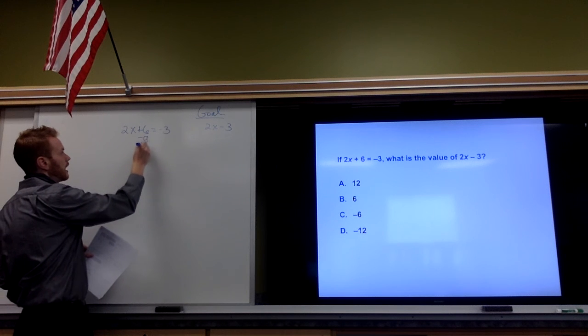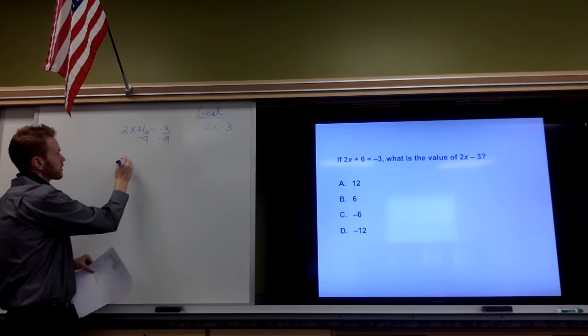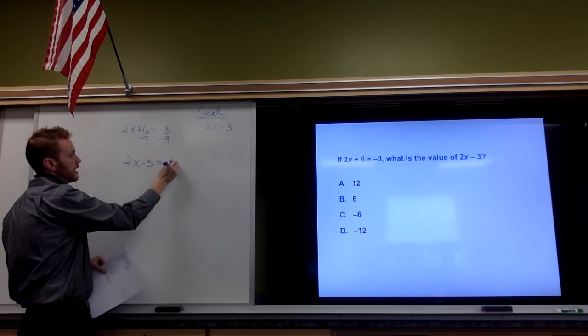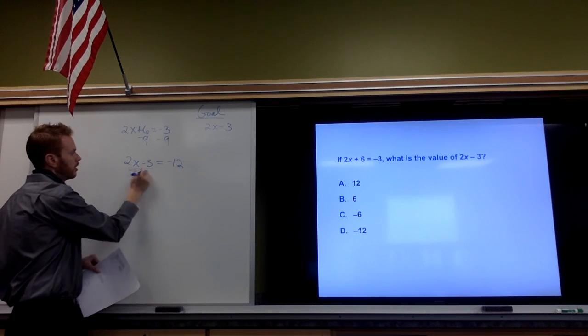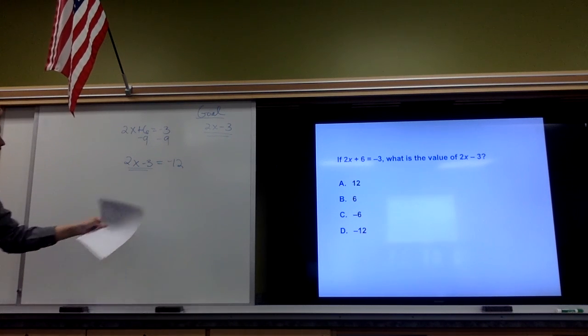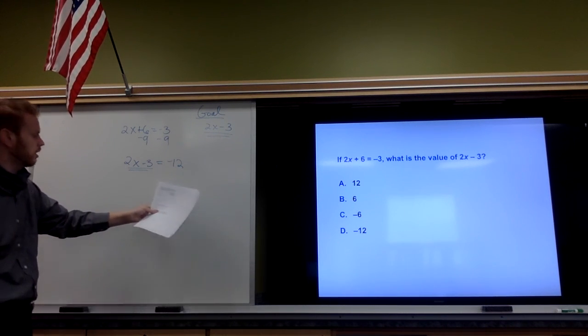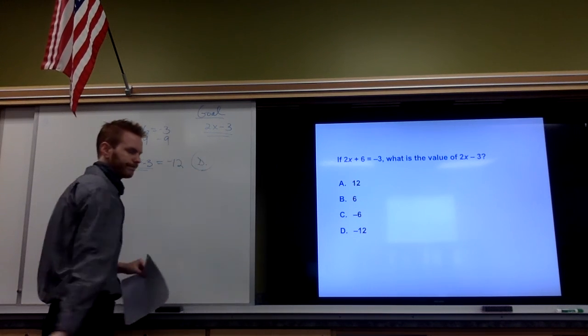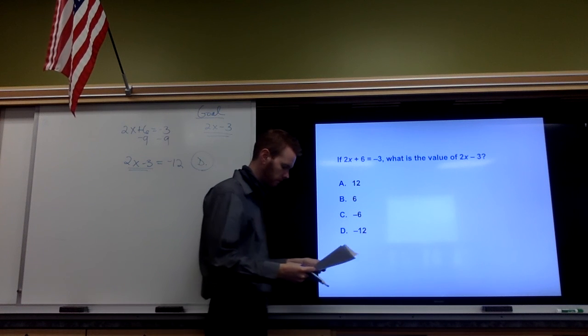If I subtract 9, look what happens. 2x minus 3 equals negative 12. Hey, look. I got the expression. And it would be equal to negative 12, so it's going to be option or choice D as our final answer. Okay?